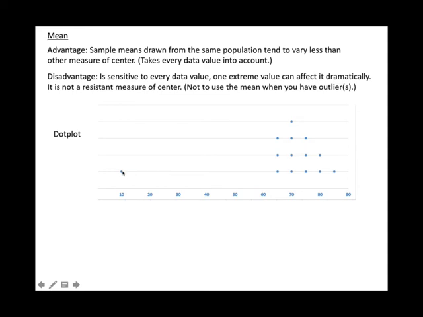Because of this data, our sample mean may fall to 60 or something. If without this outlier, I only calculate the sample mean using this part of the data, you're gonna find the sample mean will be 70 something. So we say this is sensitive to the outlier. It will affect our sample mean dramatically. So it may not be the best measure of center when you have outliers.